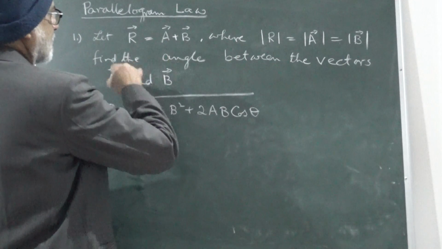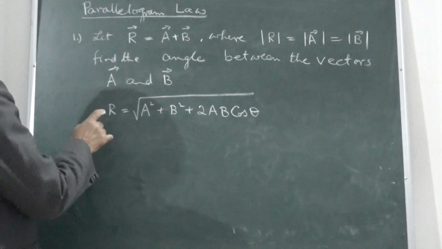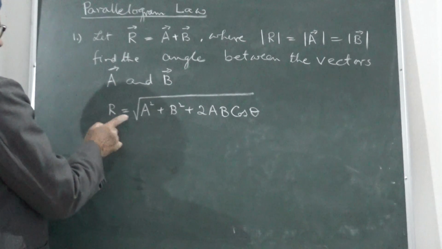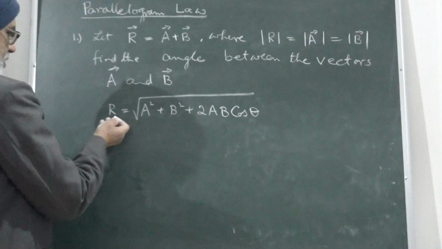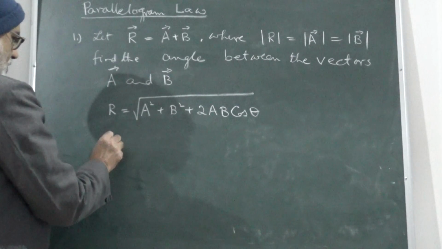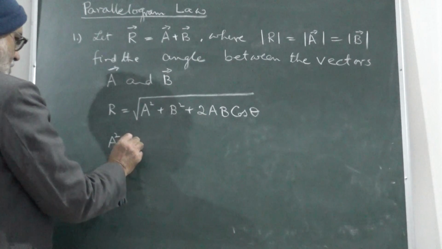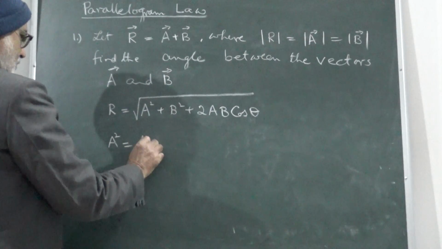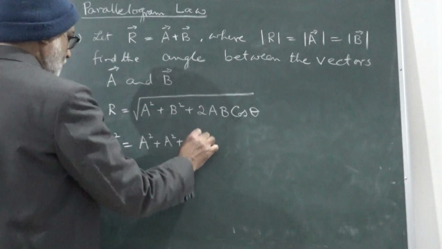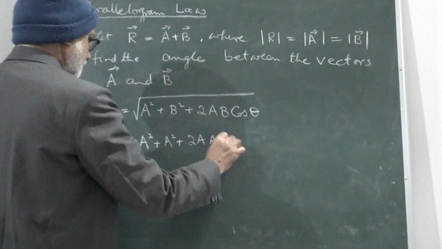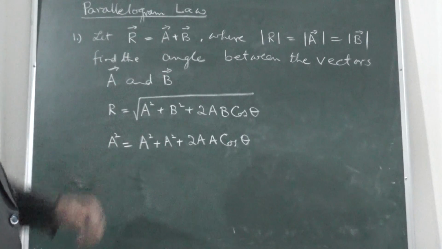And in the question it is given that the magnitude of R is equal to magnitude of A is equal to magnitude of B. It means the magnitude of R is also A and the magnitude of B is also A. So suppose we substitute the value here also A, and take the square of this, the root finishes. A square plus 2A into A cos theta, because the magnitudes are equal.